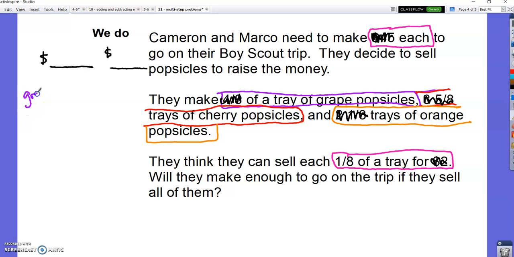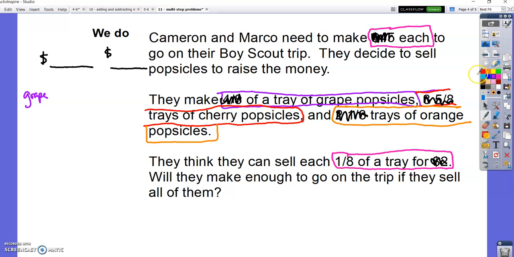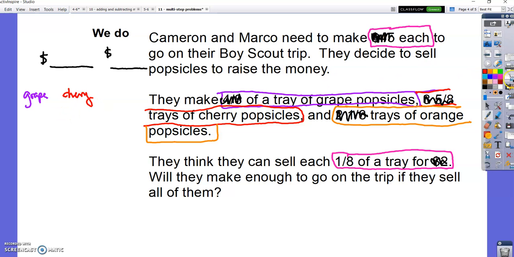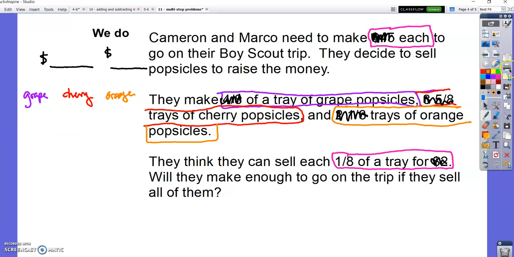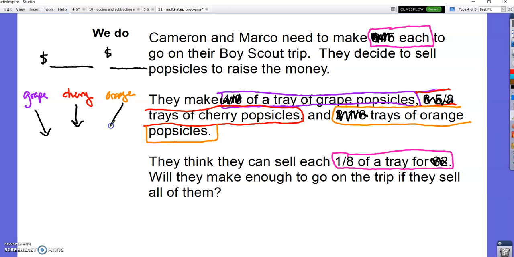So let's just do grape, cherry, and orange. And they're going to combine those, and they're going to have a certain amount of popsicles to work with here, correct? Alright, and then we'll have our popsicles.